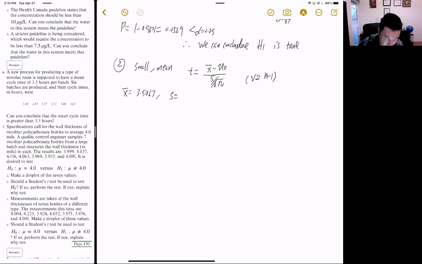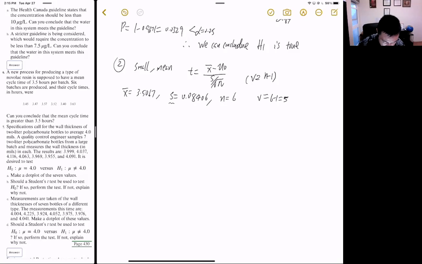And the standard deviation, we can calculate accordingly based on the mean value and individual values. Okay, so I will just skip the details. This is the sample standard deviation. Sample size is 6. Then the degree of freedom will be 6 minus 1, so that's 5.